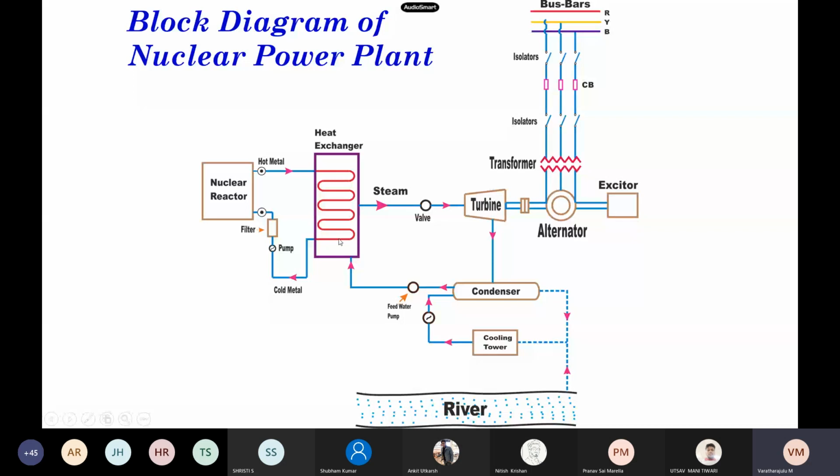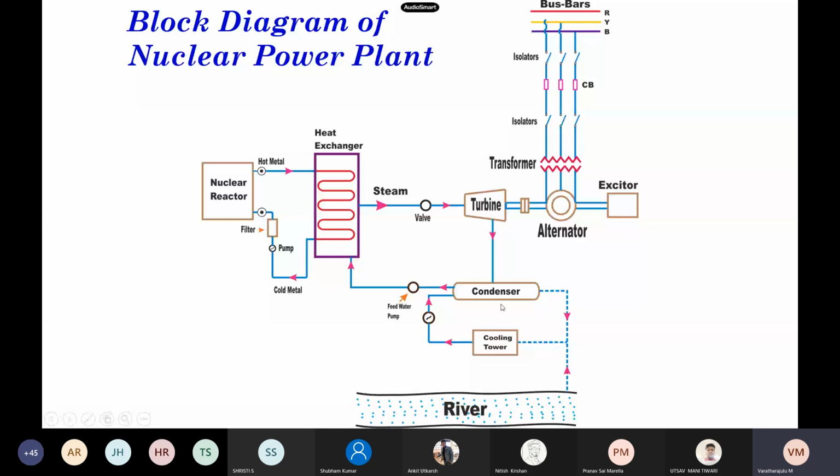The water is fed into the heat exchanger and converted into steam through some valve. It is sent to the turbine, which rotates the prime mover, and we get the power. Then it is sent to the condenser to condense, and through the feed water pump it is sent again to the heat exchanger. In the condenser, to condense, we have a cooling water circuit.